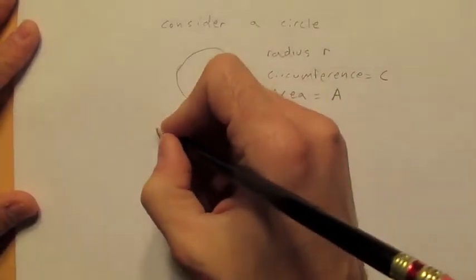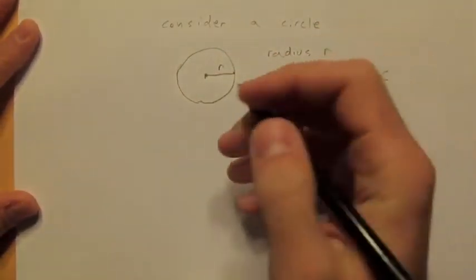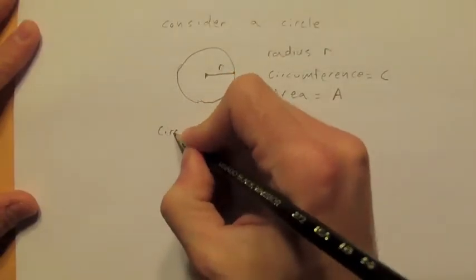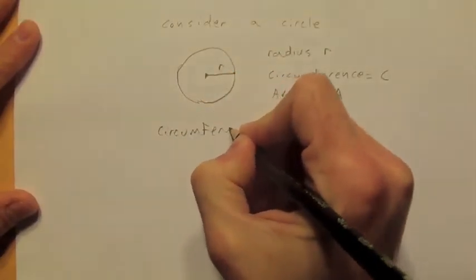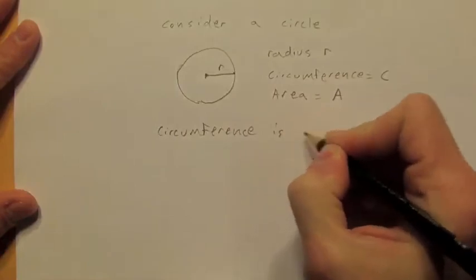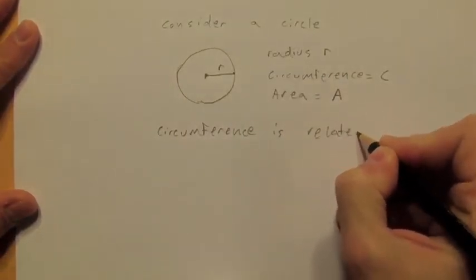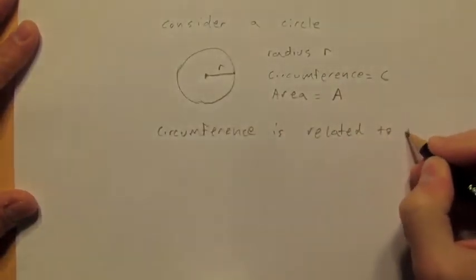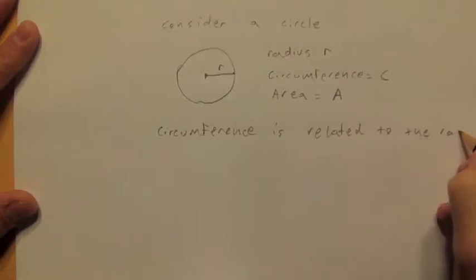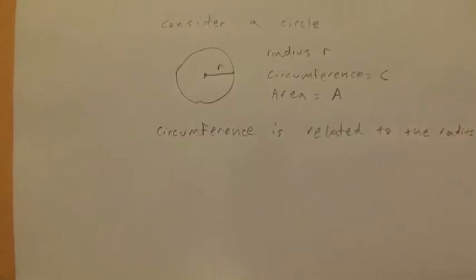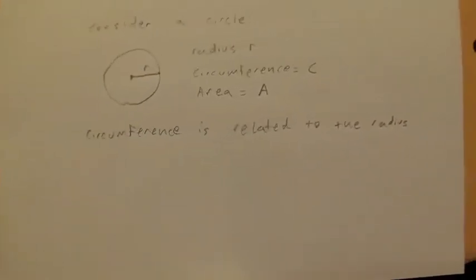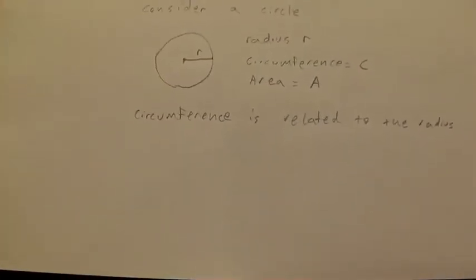All these quantities are related to one another in certain ways. Let's start with circumference. Circumference is related to the radius in the following way. Let me shift the camera over just a tad.